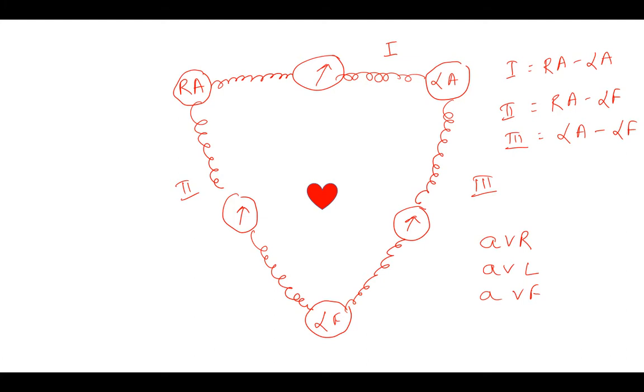So these AVR, AVL, AVF must be leads with a pair of electrodes. Let us see how these AVR, AVL and AVF are formed. For this, let me draw a diagram again. So this is RA, this is LA and this is LF.